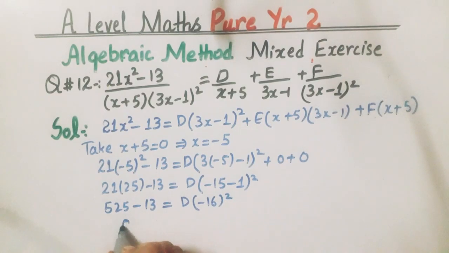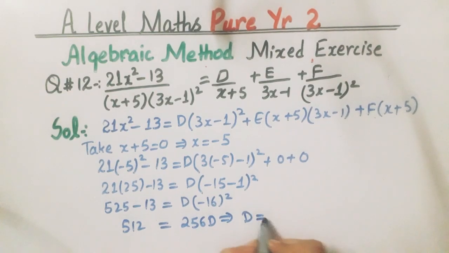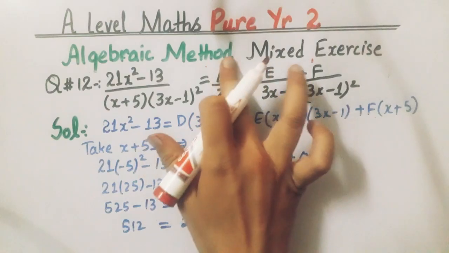So this is 512 equals, 16 square is 256, so 256d. So the value of d will be 512 divided by 256, which is 2. So d value is 2. We will substitute this value here.